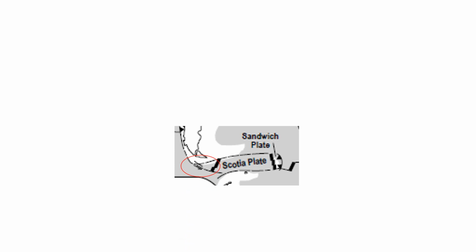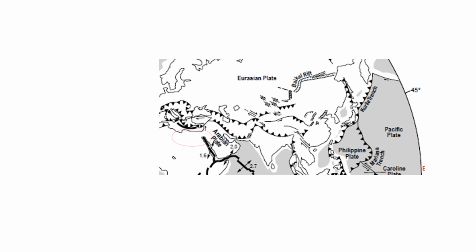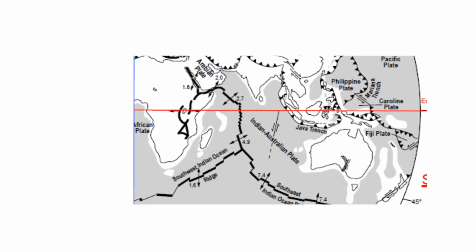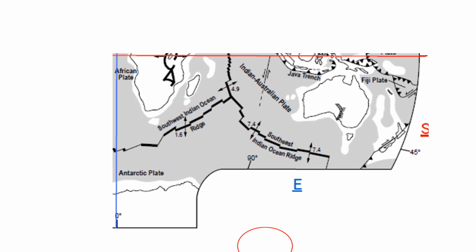Basically anywhere we see this symbol, it is a transform plate boundary. We have a whole bunch of them here, near the Eurasian plate. Just be careful because the symbols are very small. We're looking for these symbols with the arrows, one pointing up and one pointing down.